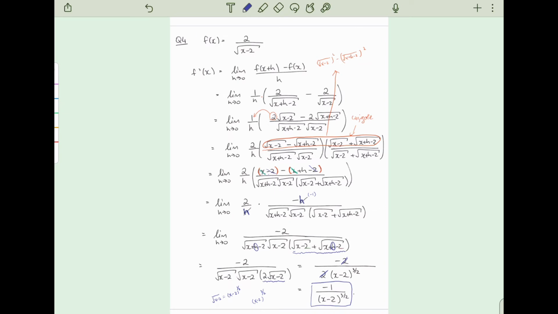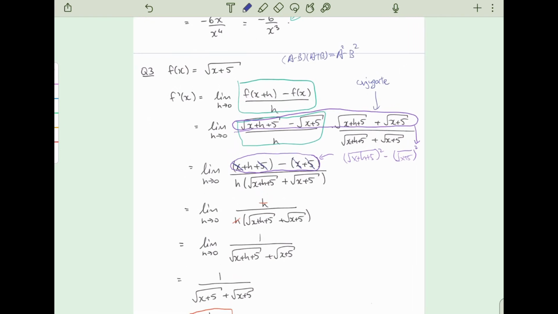And a little summary about this type of questions. In these 4 questions, you may have seen the same step, which is the key, essential step here: we must cancel out the 0 factor. So in question 4, you see that these 2 h's got cancelled out, the 0 factors, right? And in question 3, these 2 h's cancel out because they're 0 factors, right?